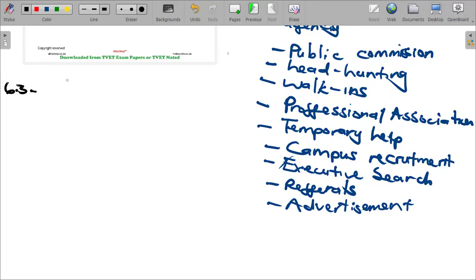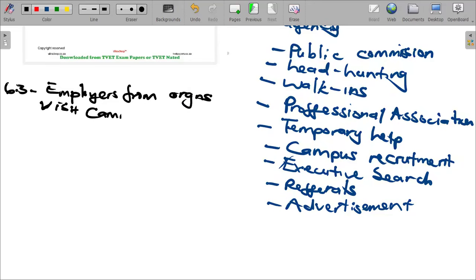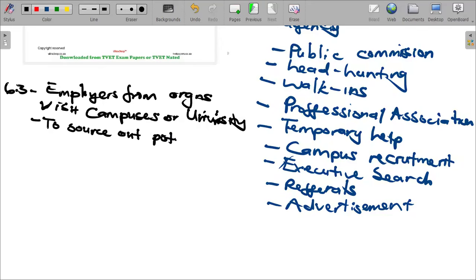So I'm just going to summarize here. Employers from companies and organizations visit campuses or universities to source out potential candidates.